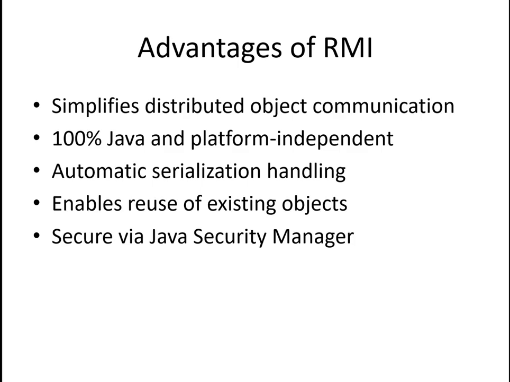Platform independent means once you have developed an application in one platform, it can be run in a different environment. For example, assume that you have developed an application on the Windows platform. The same application can be run on Linux, Solaris and Mac OS without changing any code. That is called platform independent, because of the Java nature.